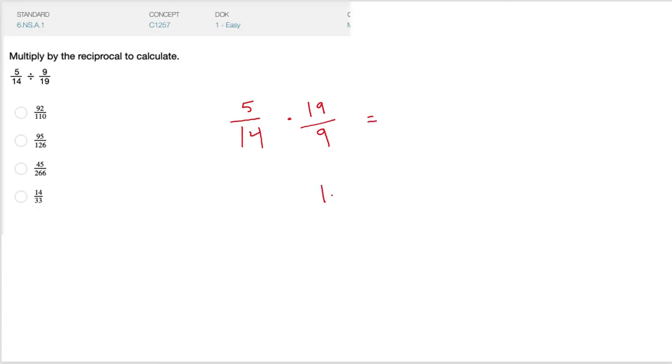So then you're going to do 19 times 5 to multiply the top, 5 times 19 is 95, and then 14 times 9 on the bottom, 126, so 95 over 126.